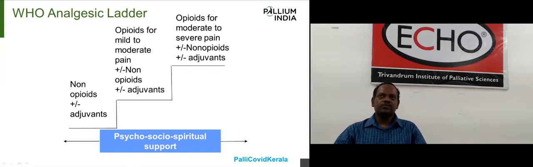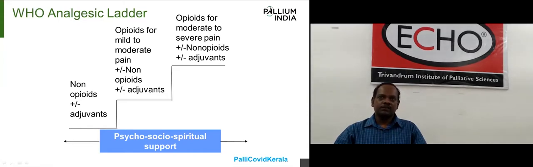The second step is to treat moderate pain, which includes opioids for mild to moderate pain, plus or minus non-opioids, plus or minus adjuncts. The third step is to treat severe pain, which includes opioids for moderate to severe pain, plus or minus non-opioids, and plus or minus adjuncts.